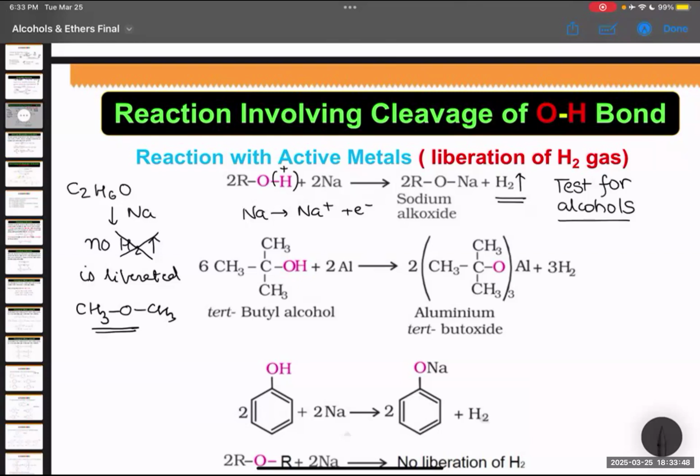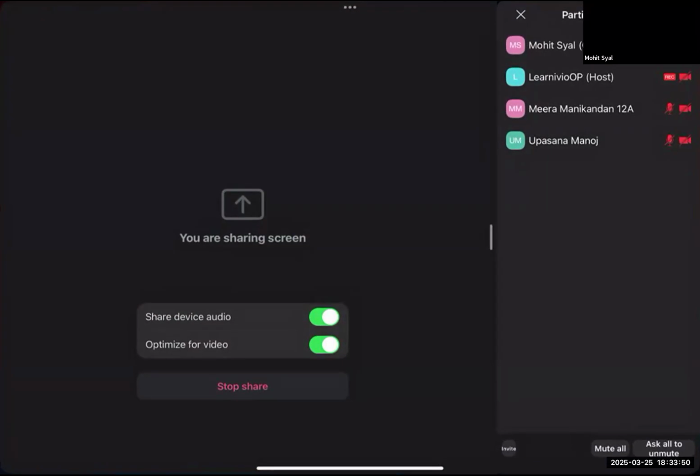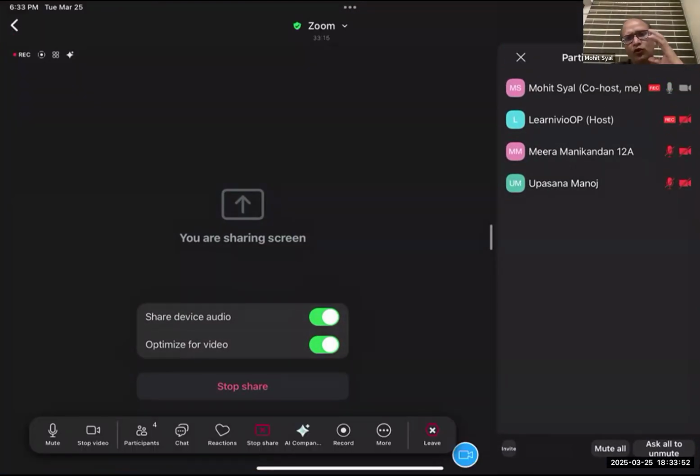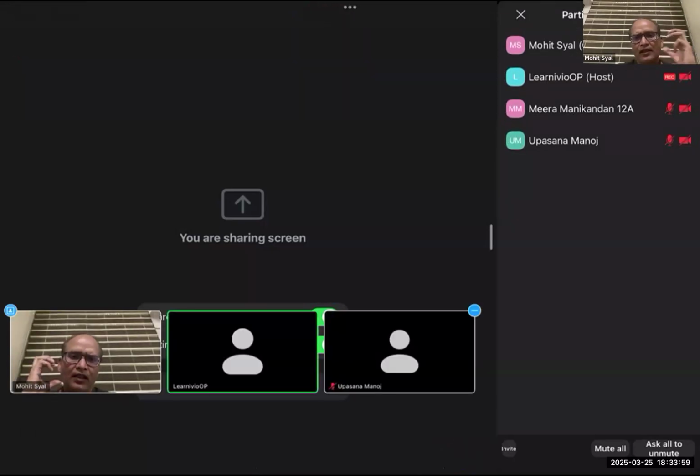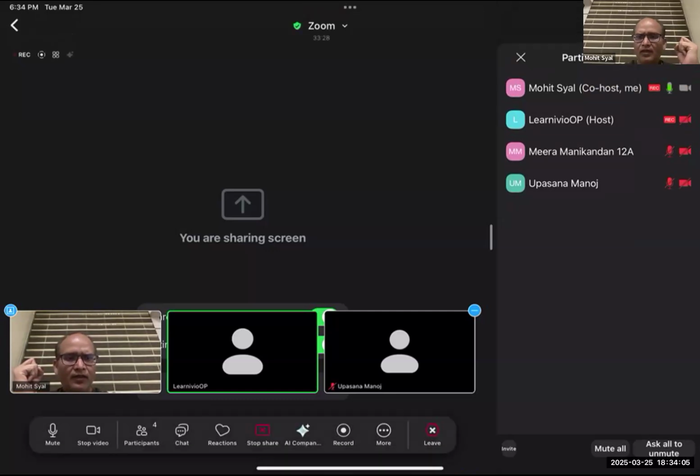But if the hydrogen is being liberated, then surely that is an alcohol, or it could be phenol also, because they contain acidic hydrogen, right?